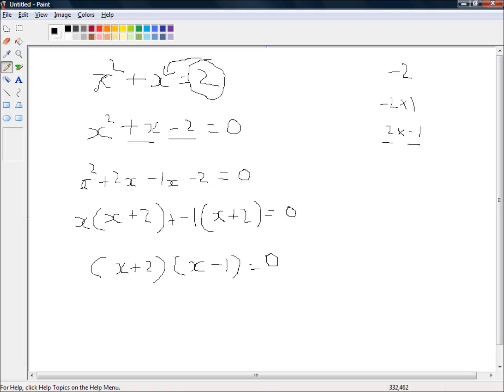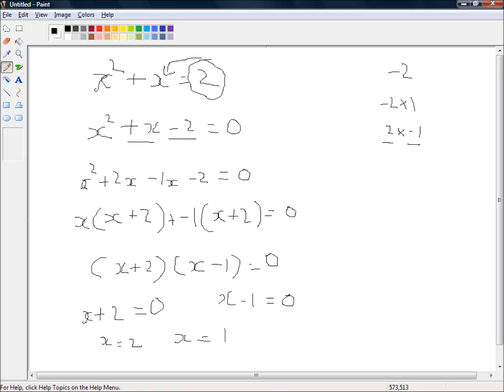So if x plus 2 into x minus 1 equals 0, then either x plus 2 equals 0 or x minus 1 equals 0. Now if x plus 2 equals 0, then x equals negative 2, or x minus 1 equals 0, so x equals 1.